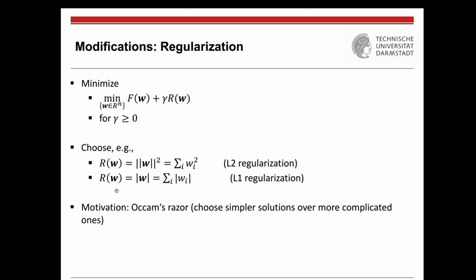The motivation is Occam's razor. Occam was a philosopher, I think, from the 12th or 14th century, who proclaimed that if you have two solutions, choose the simpler one, right? And this is, by the way, just as an aside, what all mathematics is based on, like true mathematics.